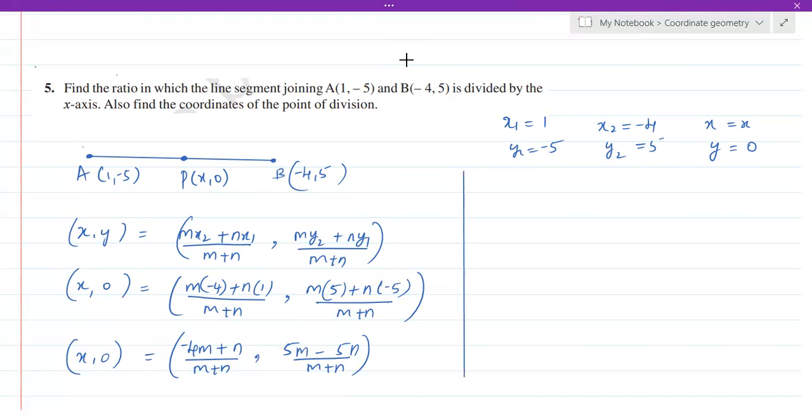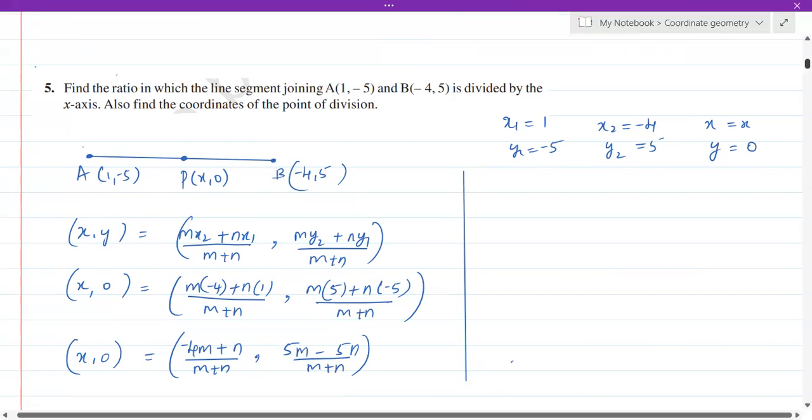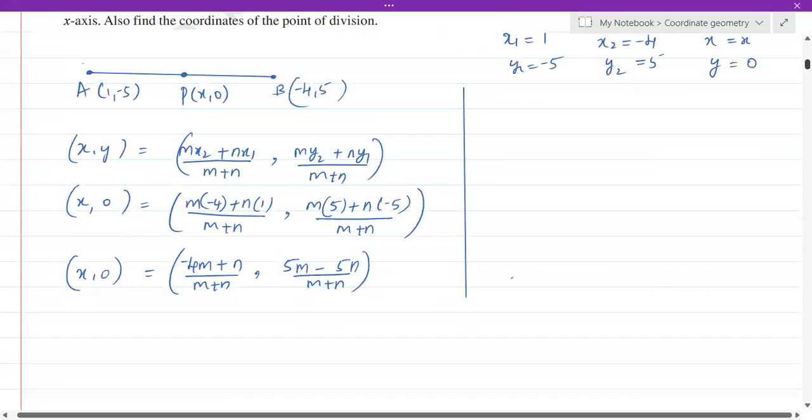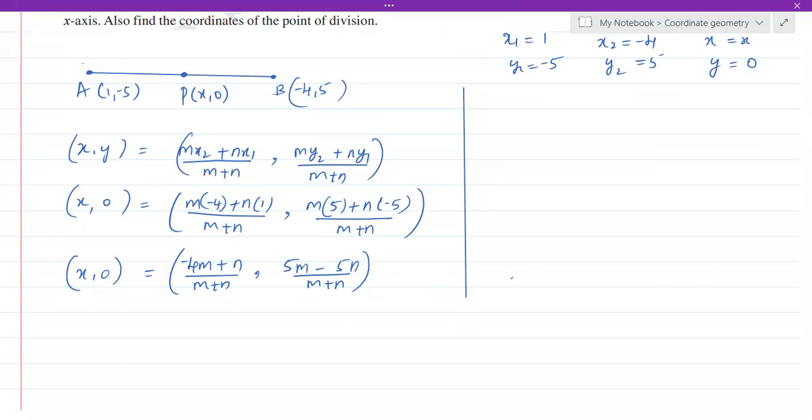How do we find it? By equating it, isn't it? First part with first part or second part with second part. But here, I'm sorry, if you equate first part with first part, we won't be able to find the value of m:n because we don't know the value of x and y. So what we'll do is we'll equate the second part with second part.